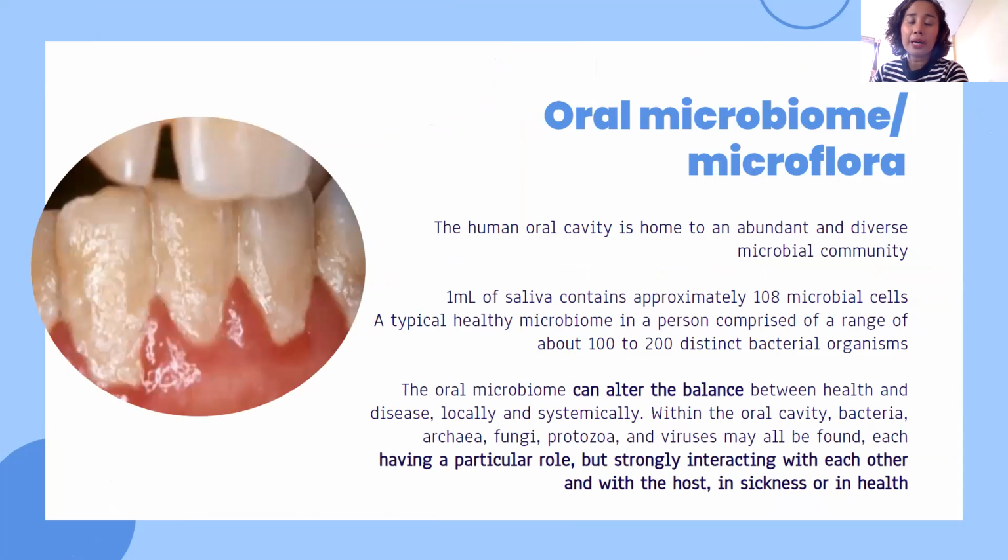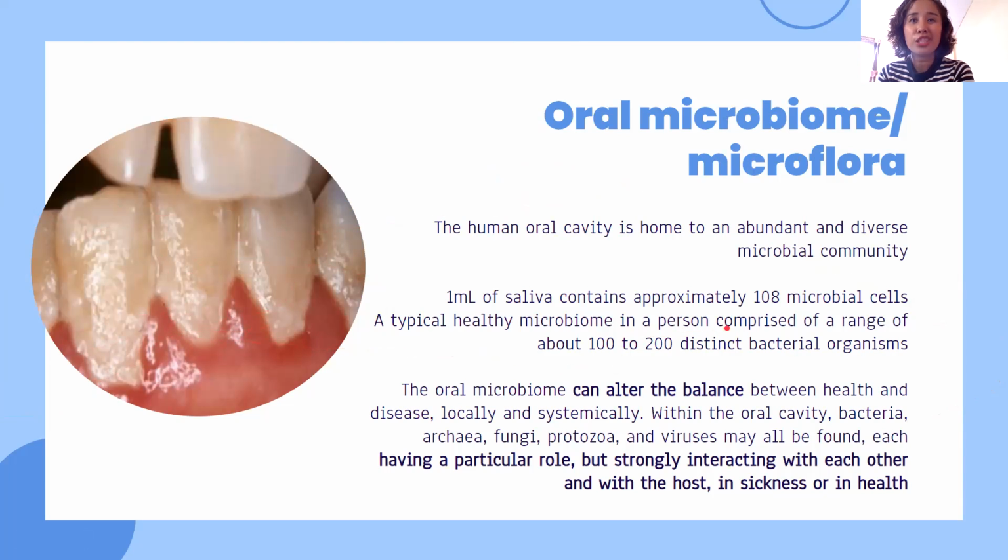So oral microbiome or microflora, guys, is a diverse microbial community. It's a community, guys, you cannot see. So they are grouped. They are in a community. So the oral cavity is rich with microorganisms.